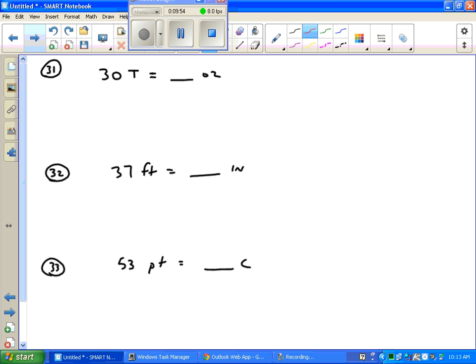31. This is one we didn't look at, tablespoons. So when it shows up tomorrow in the test, it'll be a bonus one, tablespoons. There are 2 tablespoons in every 1 ounce. So 30 divided by 2 would be 15 ounces. 37 feet is how many inches? We know that there are 12 inches in every 1 foot.